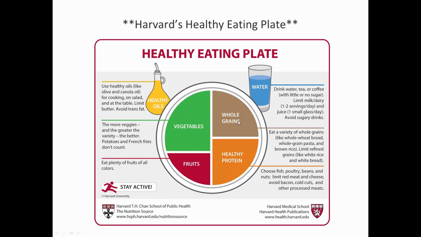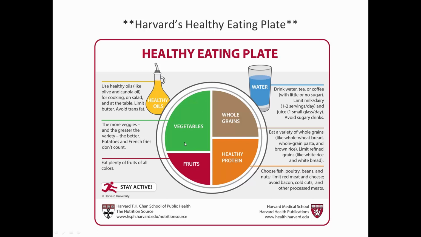A quarter of your plate should be whole grains. That could be whole grain pasta or whole grain bread or whole grain rice, and limit the white refined grains like white rice and white bread. About a half of your plate should be fruits and vegetables.